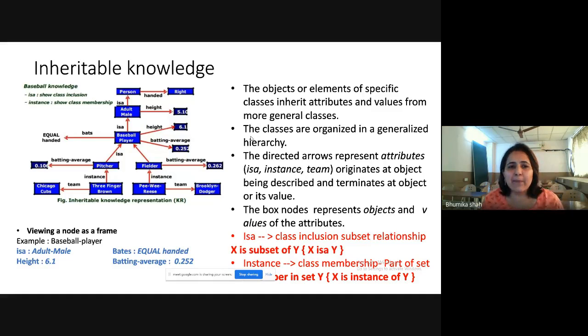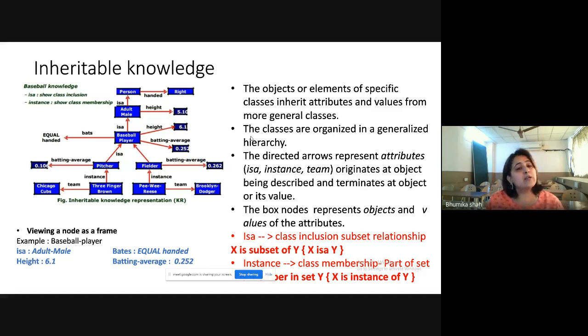Let us take the example. In the example over here, we have taken the domain of baseball players. In this domain, the objects which we can identify from the problem domain have certain relations with each other, and they can be represented in a generalized hierarchy, such that we will have some superclass, then a subclass of that superclass, then again its subclass, and so on.